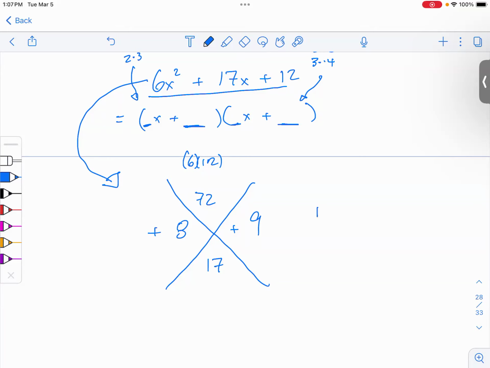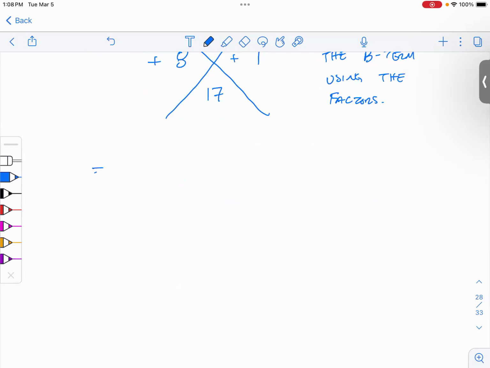All right, so then what you do is rewrite the B term using the factors. So this becomes 6x squared and 12.